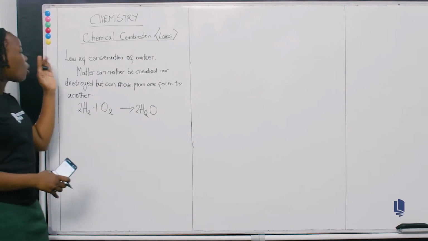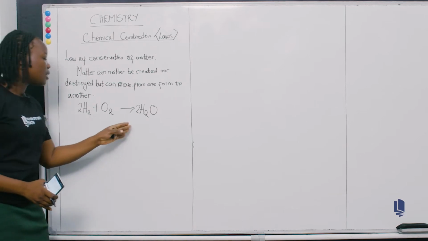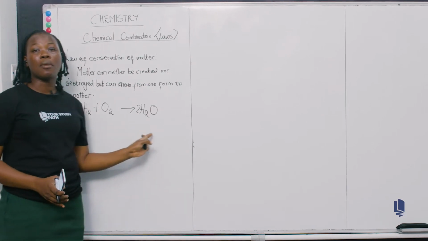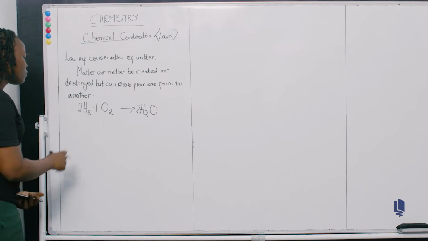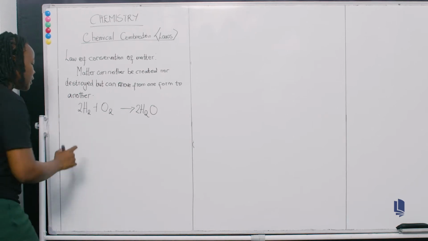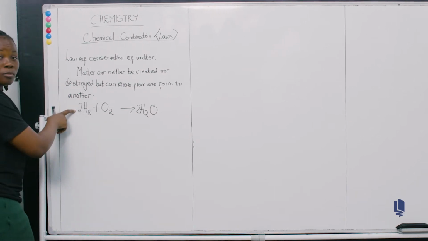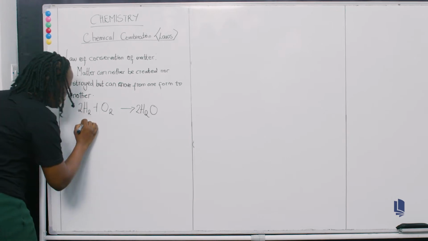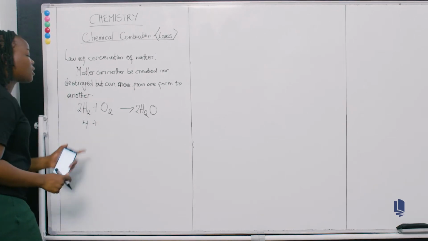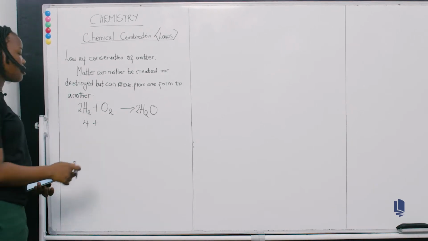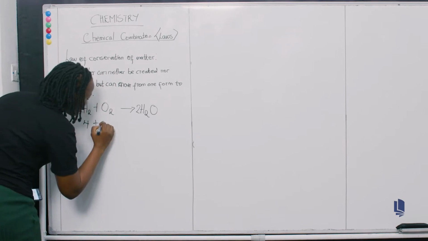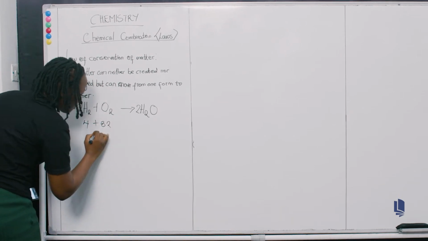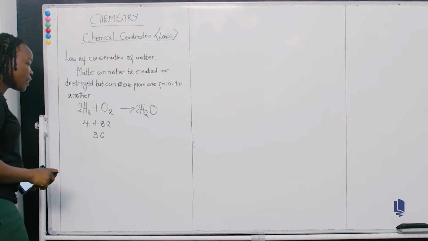To validate this law, the mass here must be equal to the mass here. We know hydrogen is 1, right? 1 times 2 is 2, 2 times 2 is 4, plus the atomic mass of oxygen, which is 16. 16 times 2 is 32. And this will give 36, right?